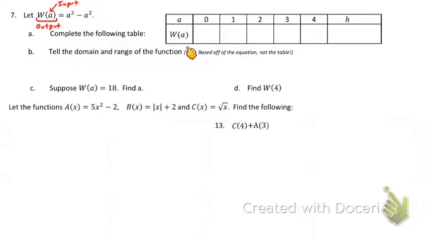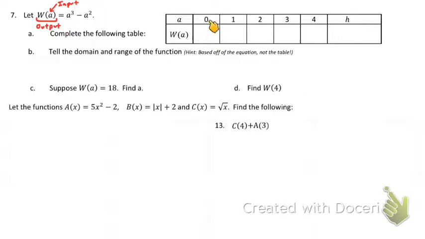What we're going to do here to complete the table is change our input from A into a number. So in essence, all we're doing is taking these numbers and plugging them into our A value, our input value. Okay, and I'm going to fill in this table for you, and then we're going to talk about domain and range after. All right? So let's do this.